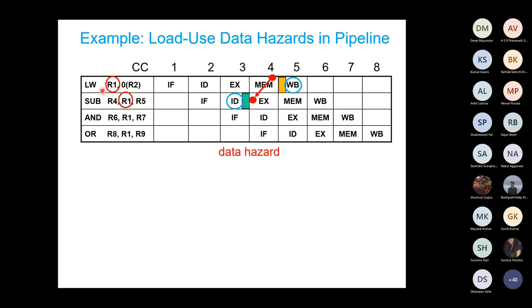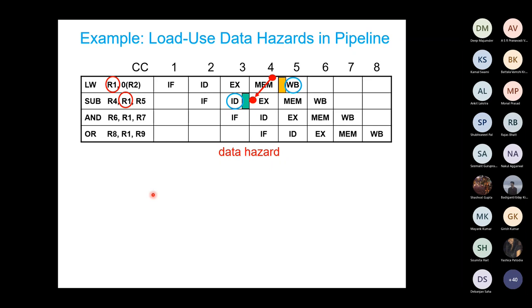So when the source register immediately follows a load instruction with the same destination register, no forwarding hardware would solve this problem because this is backward in time.